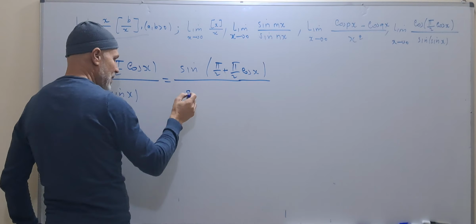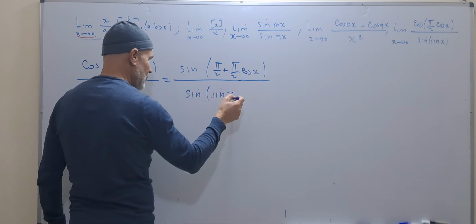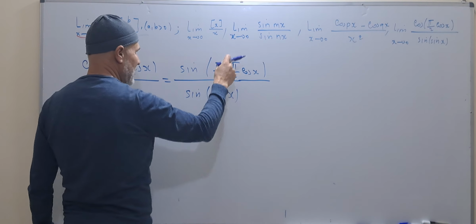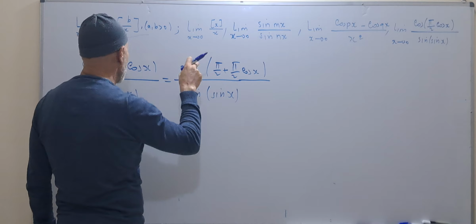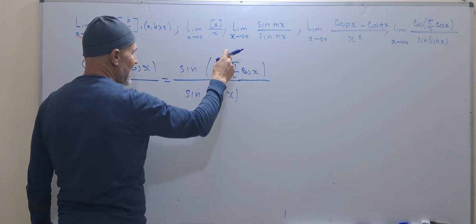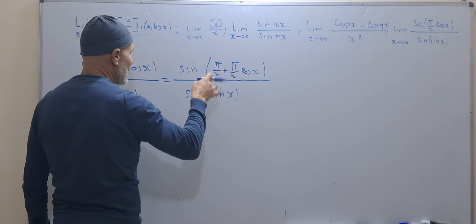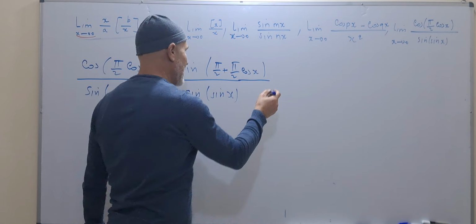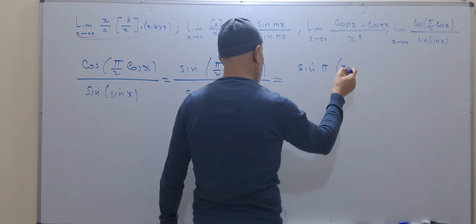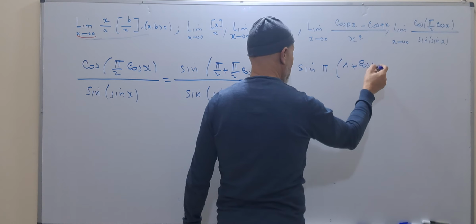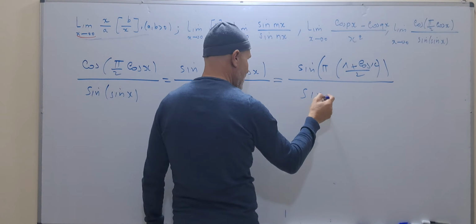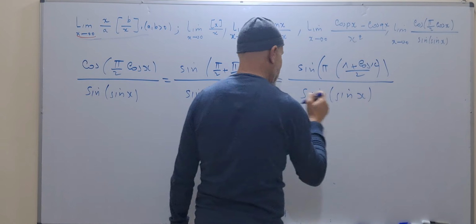Basic transformation. We have sine p over 2, which is equal to 1, times cosine p over 2 cosine x, plus cosine p over 2 times sine, where cosine p over 2 is equal to 0, so it is exactly this one. And this is equal to sine of p times (1 plus cosine x) over 2, divided by sine of sine x.